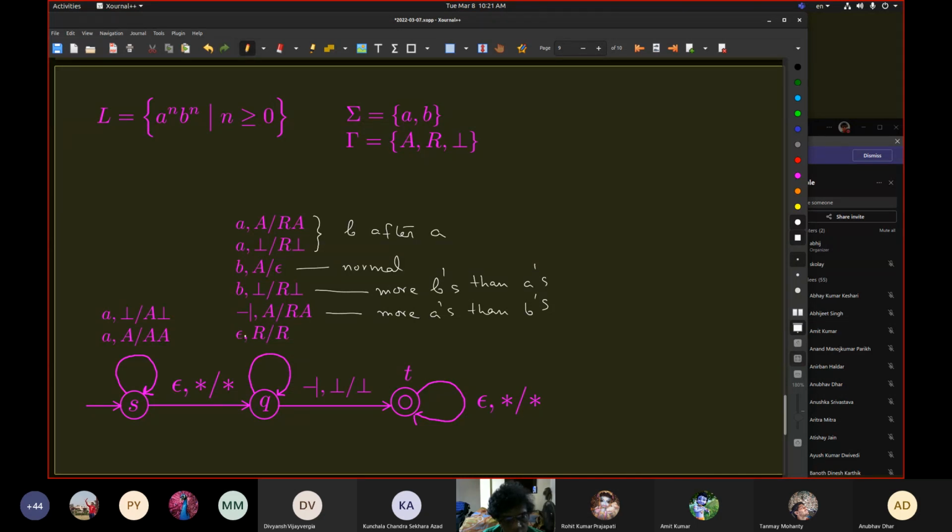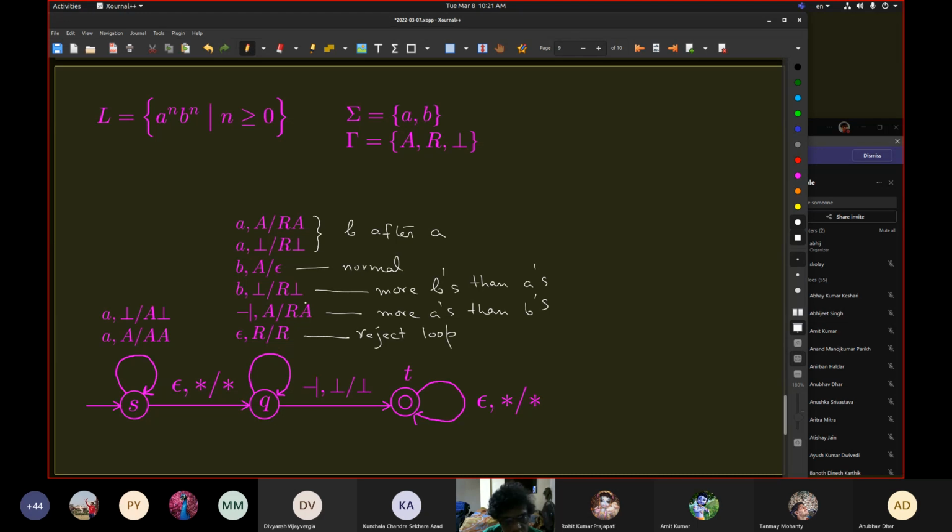Okay, so the loop of epsilon transitions. Read R, keep the stack unchanged, and so this is basically the reject loop. The machine never comes out of this loop if something bad like this happens. It never comes out of this loop and goes to the accept state.